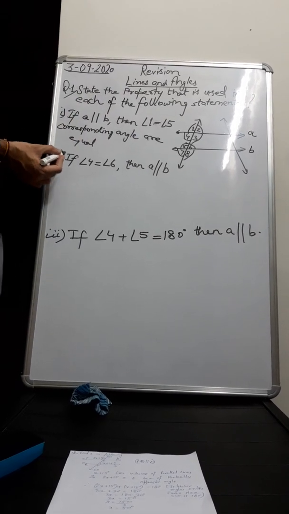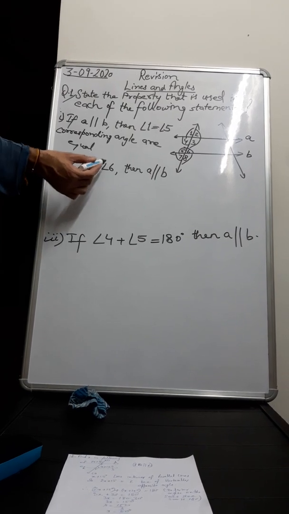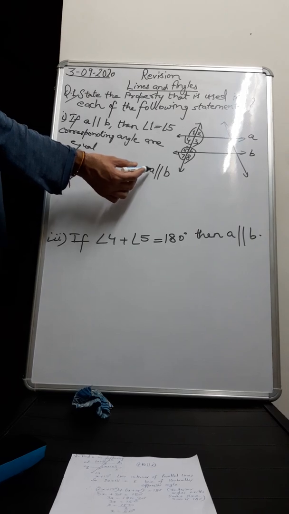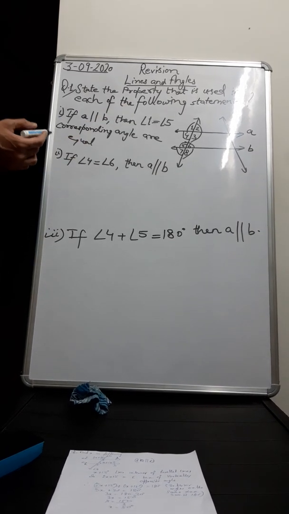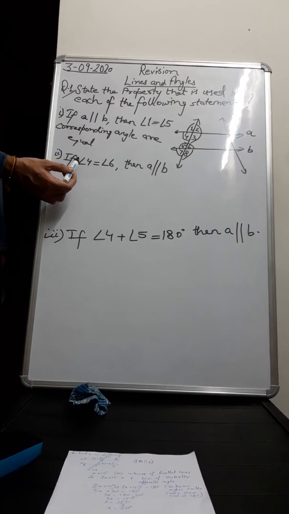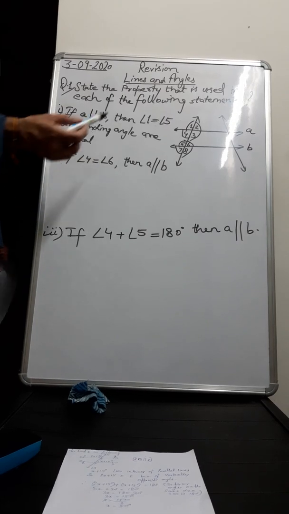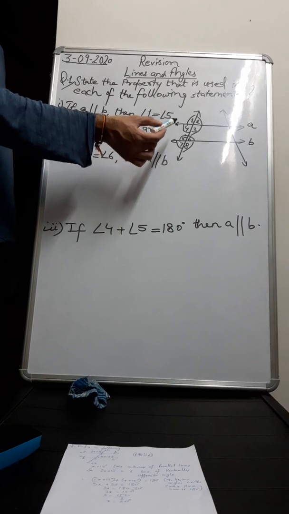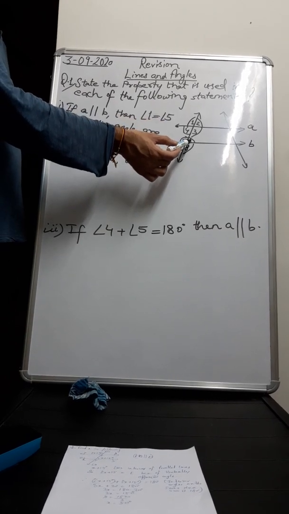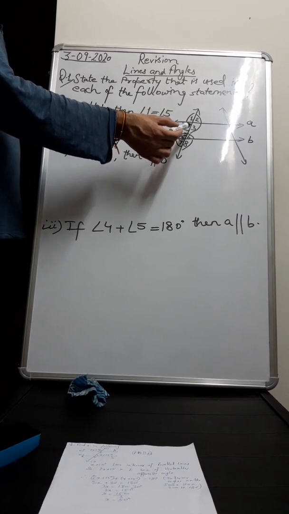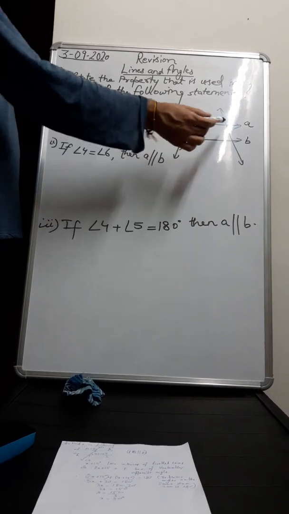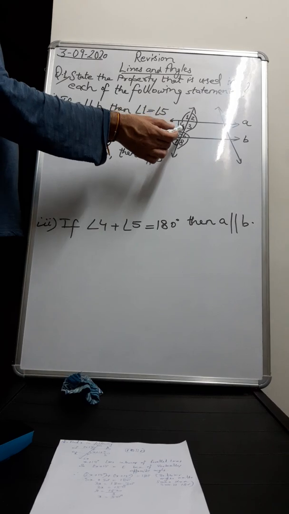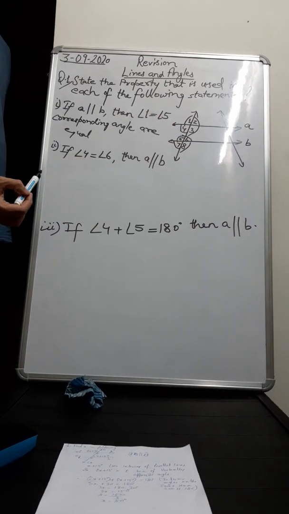The second part is, if angle 4 equals angle 6, then A is parallel to B. Now here we can see that angle 4 is equal to angle 6. These two lines are parallel to each other, and angle 4 and angle 6 are lying interior of both the lines, and they are alternate. Angle 4 is alternate of angle 6.